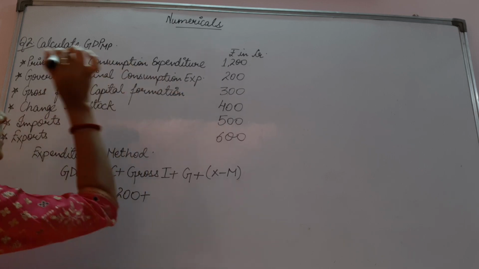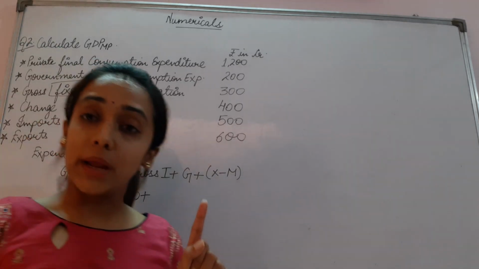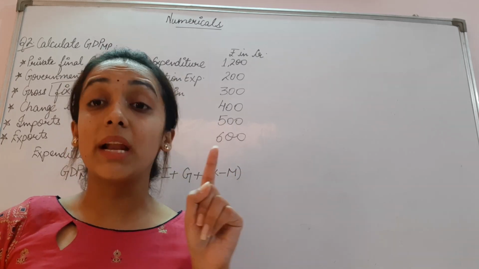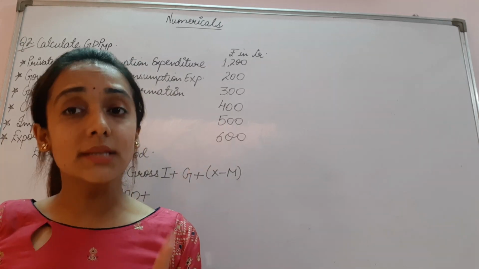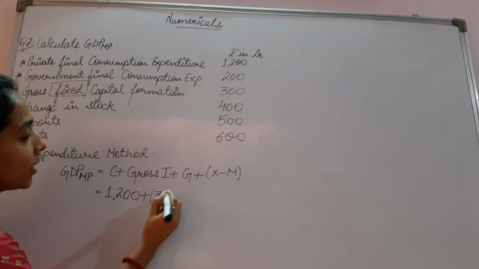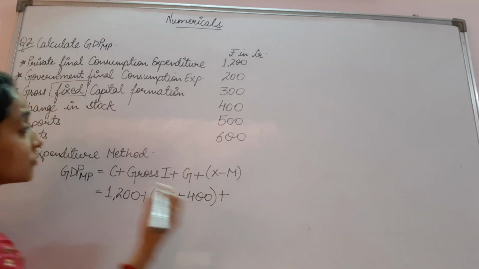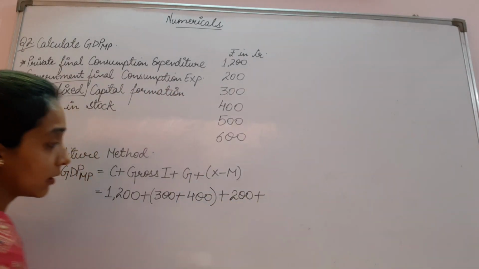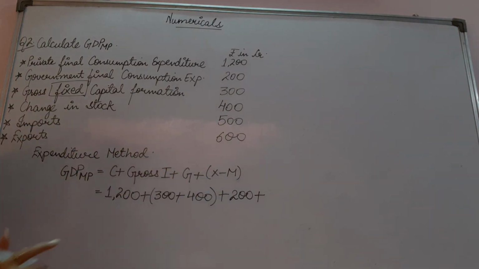Now what is gross I? Gross fixed capital formation. Whenever the word fixed is given, what will we do? We will add change in stock to make it gross domestic capital formation. So 300, and what is change in stock given in the question? 400 plus G, that is government final consumption expenditure, plus X minus M is net exports.